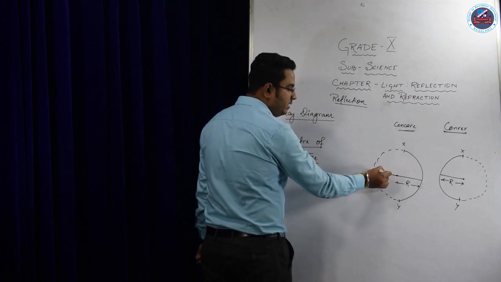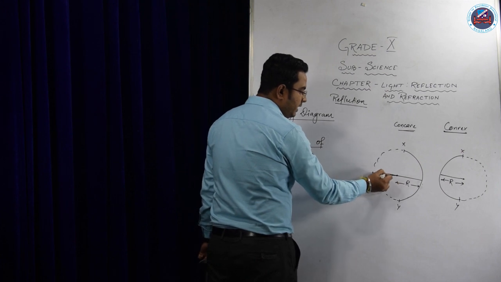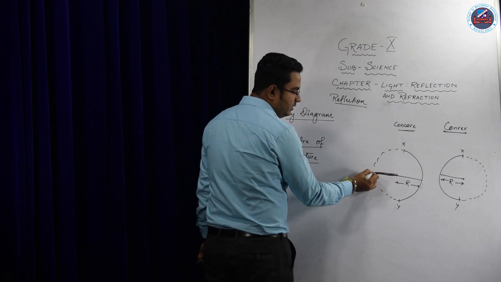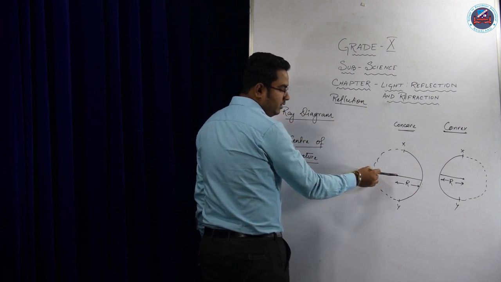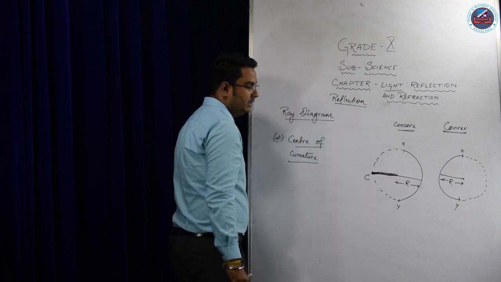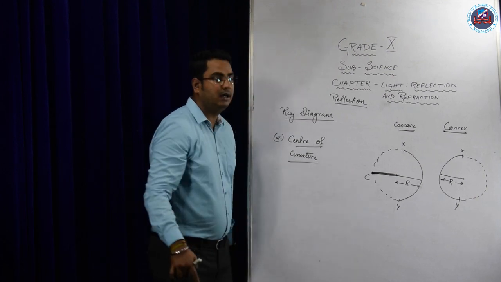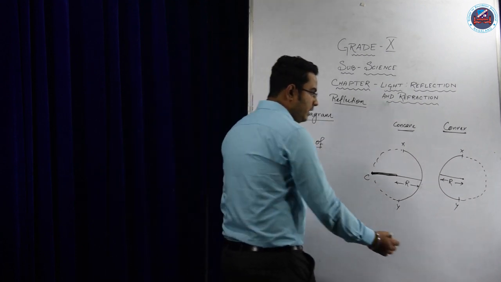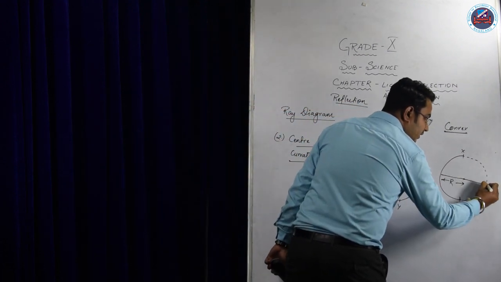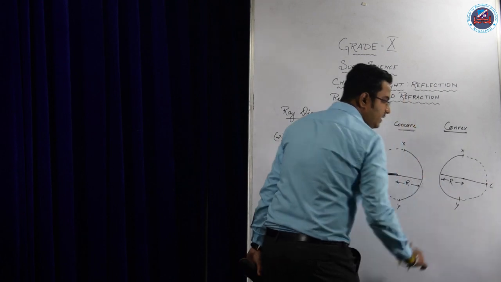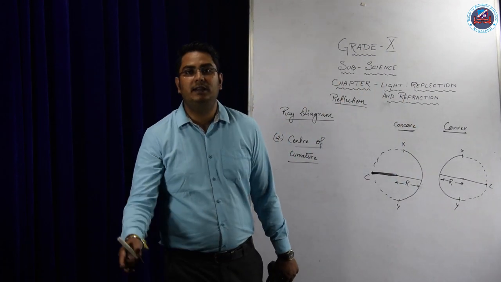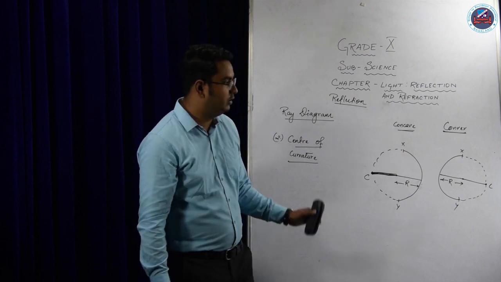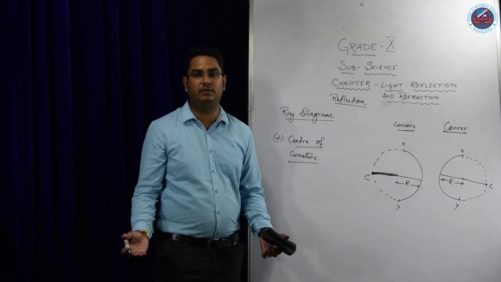If I extend this, then let's say this point I am marking as C. Then C will become the center of curvature. Same for this case. If I extend this, it will reach somewhere over here. I am marking this point as C. Then C will become the center of curvature.